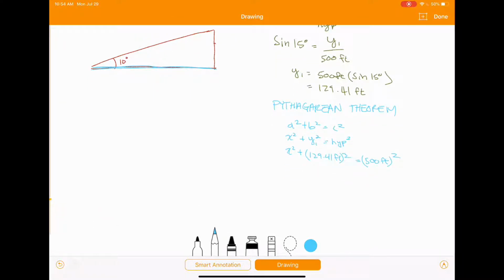So you can go ahead and solve for your x, which is going to be the square root of 500 feet squared minus 129.41 feet squared. And you just plug that into your calculator.